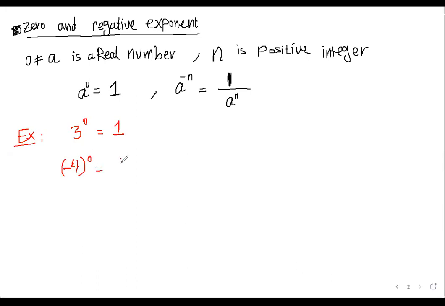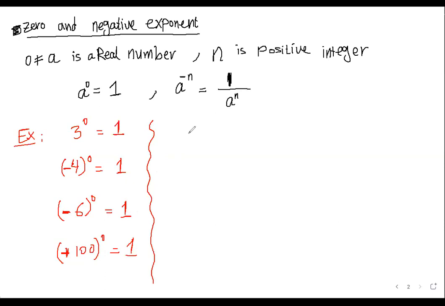It is 1, always 1. Minus 6 to the power 0 is 1. Minus 100, positive 100 to the power 0 is 1. Always 1.